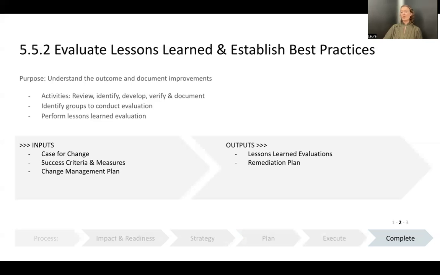What advice would you give to future teams? And lastly, what are some individual successes? Here, your inputs include the case for change, success criteria and measures, and the change management plan. Your outputs include lessons learned evaluation and remediation plan.